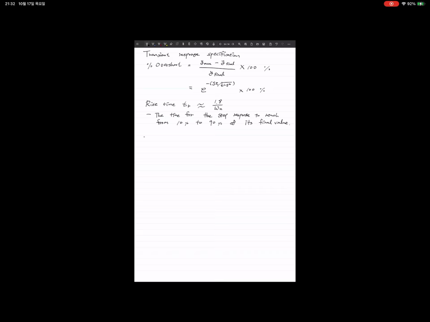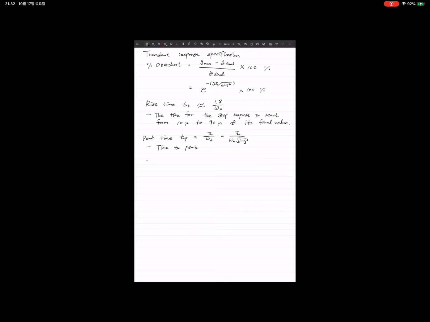And also we have to consider the peak time denoted by TP, and this can be obtained by this equation, pi over WD. And we know what is WD, right? This is omega n times square root of 1 minus zeta square. So basically this is time to peak.